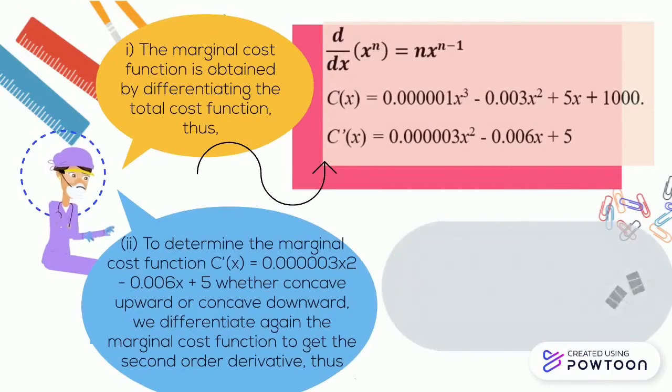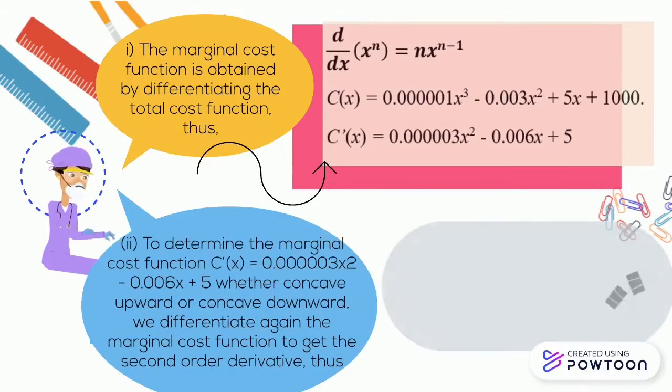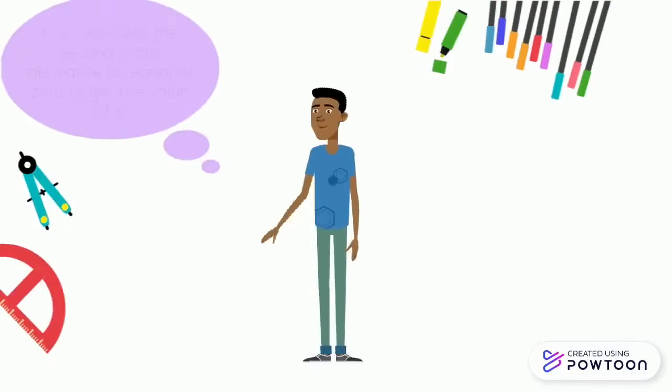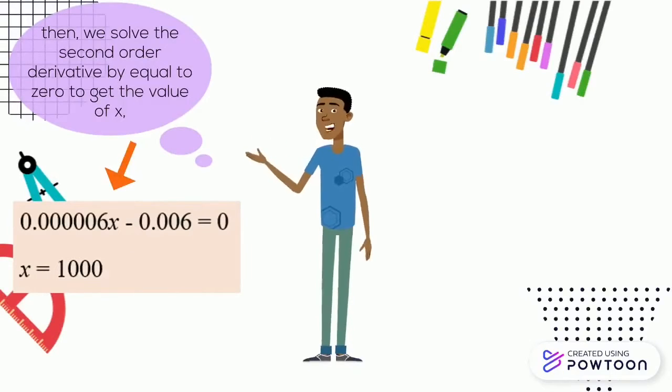For the second part, to determine whether the marginal cost function is concave upward or concave downward, we differentiate the marginal cost function again to get the second order derivative. So we get 0.00006x minus 0.006, and then we set the second order derivative equal to 0 to get the value of x, and we get x equals 1000.